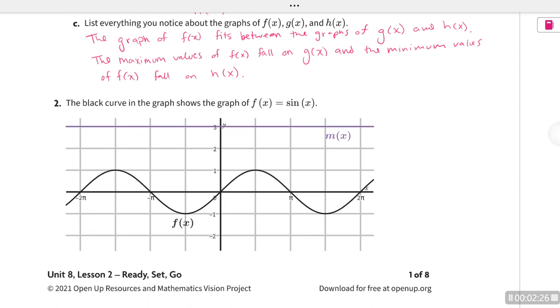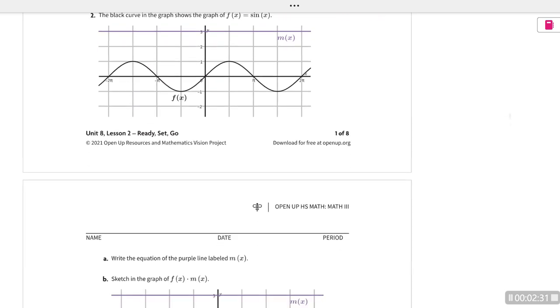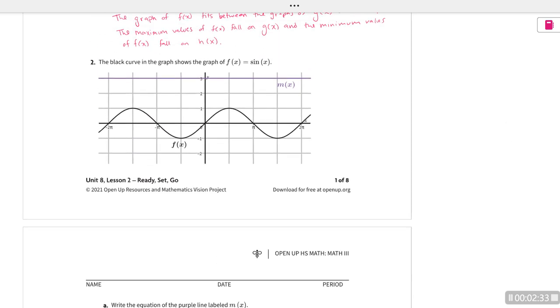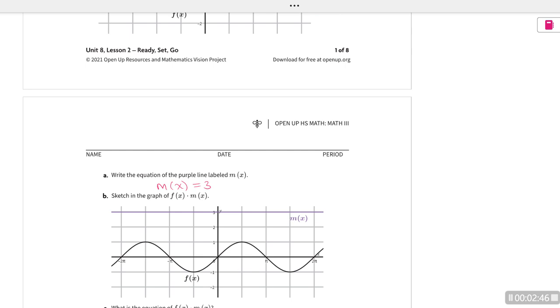Question 2 says, the black curve in the graph shows the graph of f of x equals sine of x once again. So part A says, write the equation for the purple line labeled m of x. So m of x, another horizontal line, so m of x equals, we see there's a 3 there, so m of x equals 3. Okay. Sketch the graph of f of x times m of x. F of x is sine of x, and m of x equals 3.